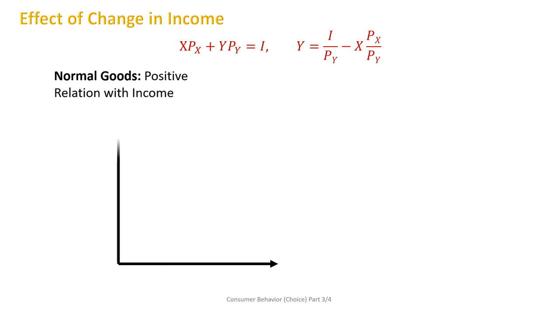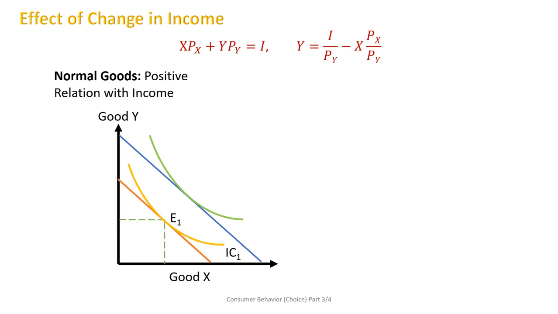Let's assume that both the commodities are normal goods. Given the income and the prices, consumer is in equilibrium at point E1. Now let's assume that the income of the consumer increased. This resulted in shifting of the budget line and consumer moved to higher indifference curve.